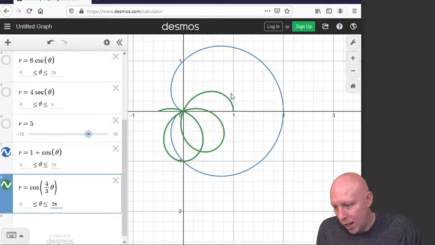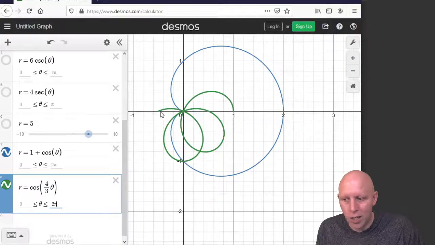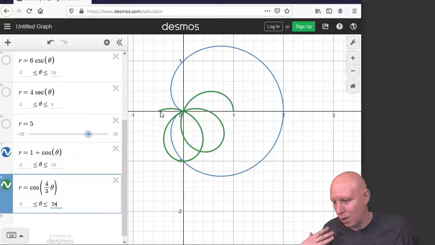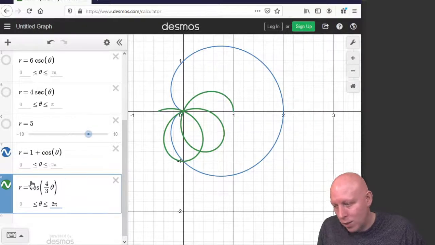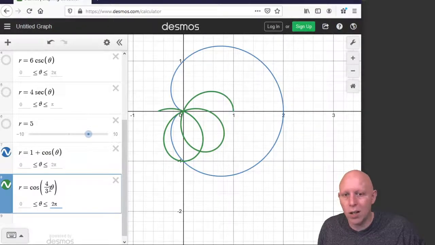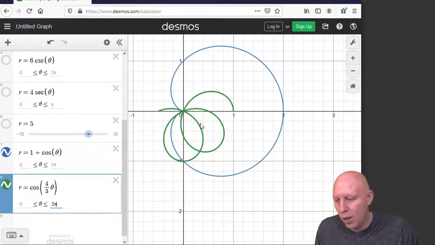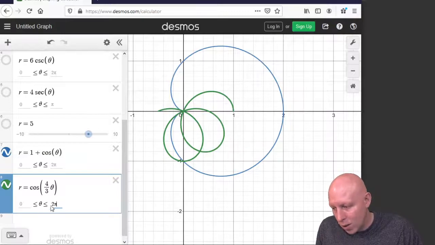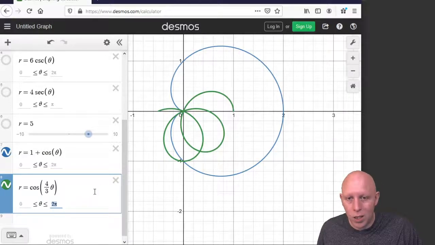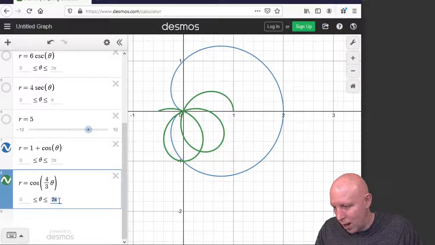And you can see that the curve doesn't feel complete because the function value at theta equals 2 pi is not equal to the function value when theta is equal to 0. So in order to fix this, we needed to increase this value.